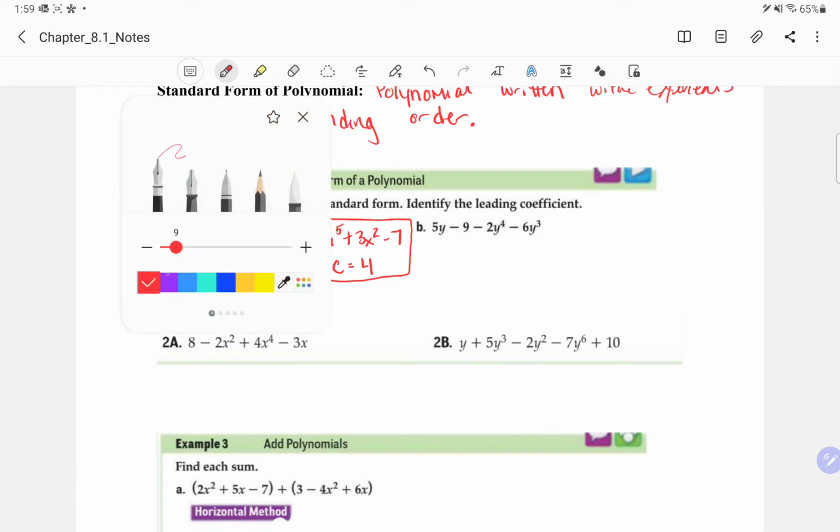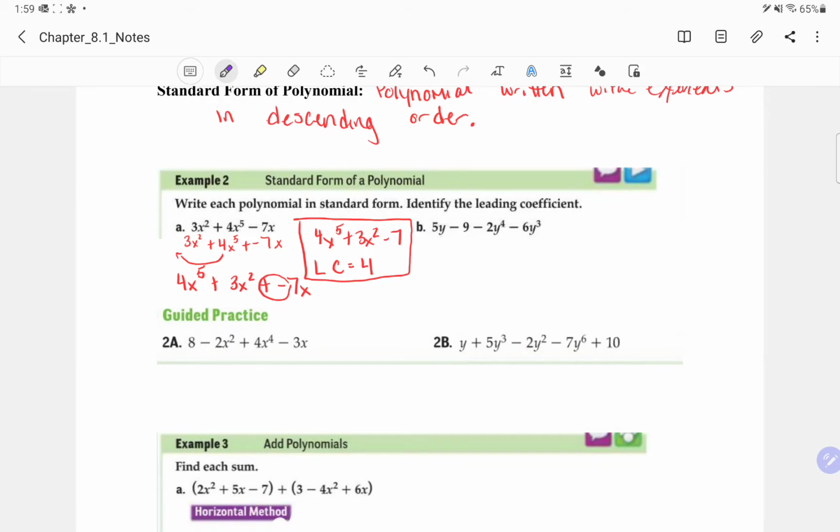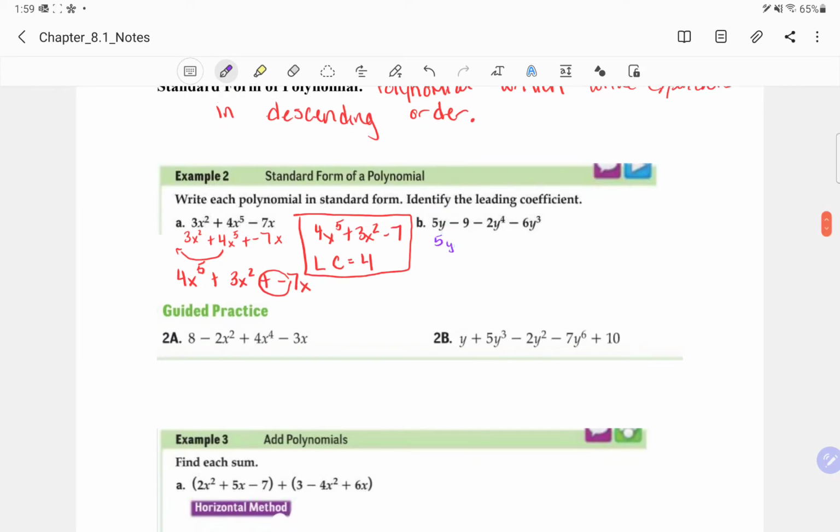On B, same idea. Rewrite it all as addition so that you can move things around and get the exponents in the correct order. My largest exponent here is the negative 2y to the 4th, so negative 2y to the 4th is going to come up front.